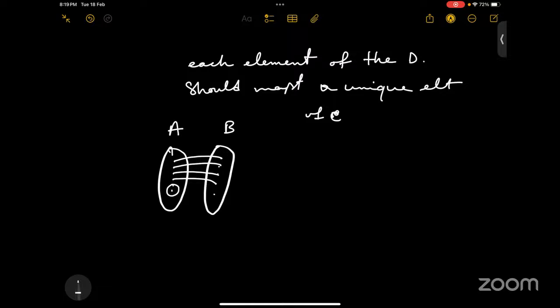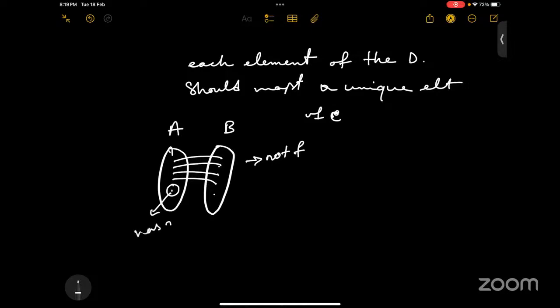See, the first condition is we have to assign each input with an output. That means each member in the domain should have a mapping. This is the first condition. And the second condition is the image should be unique. This is not a function because this element has no image.